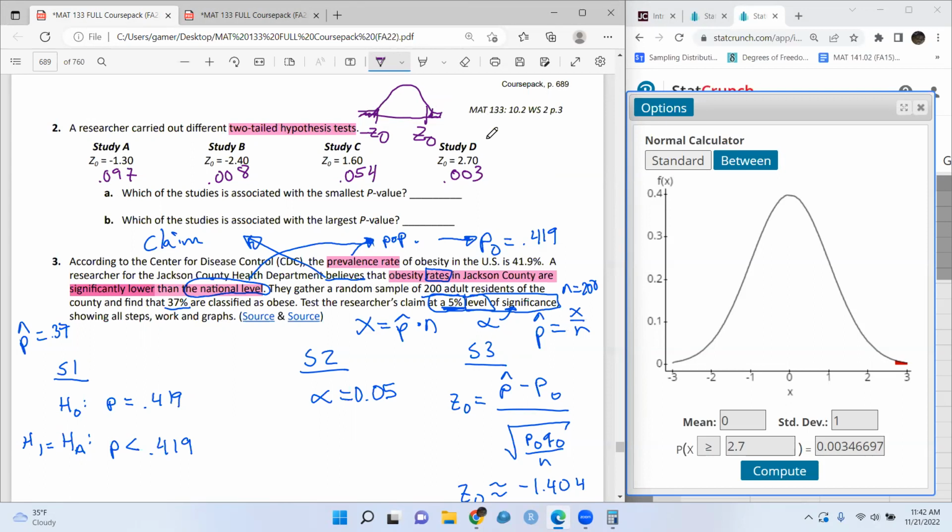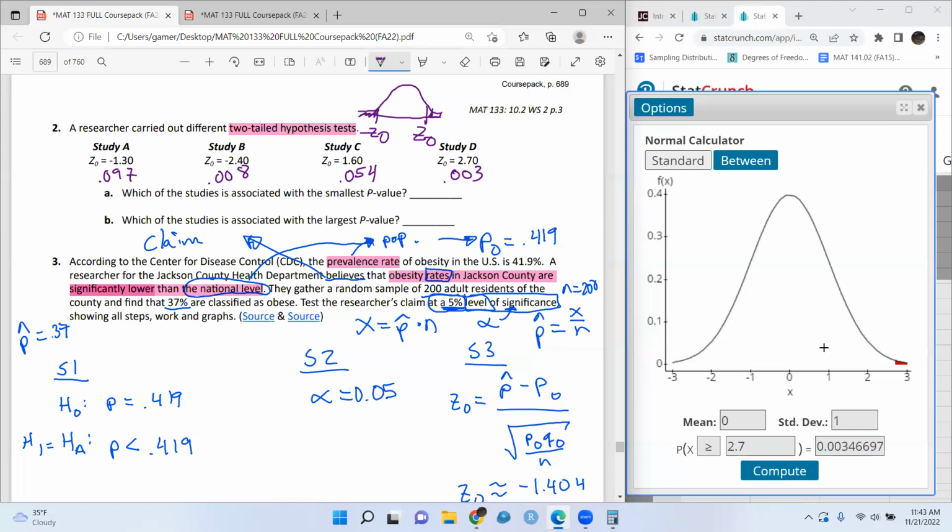So the further away we are from zero, the larger the Z naught, the test statistic, is going to be. And the further we are away from zero, the smaller the p-value will be, the less area you will see to the right or to the left.